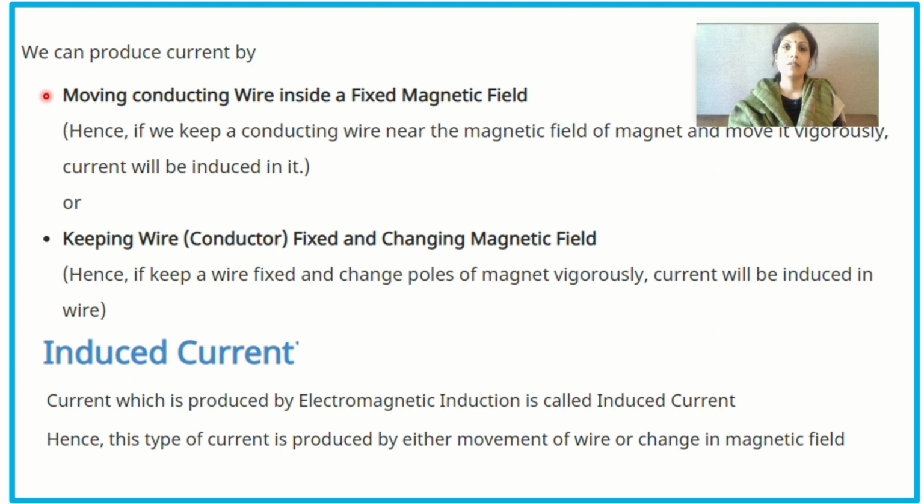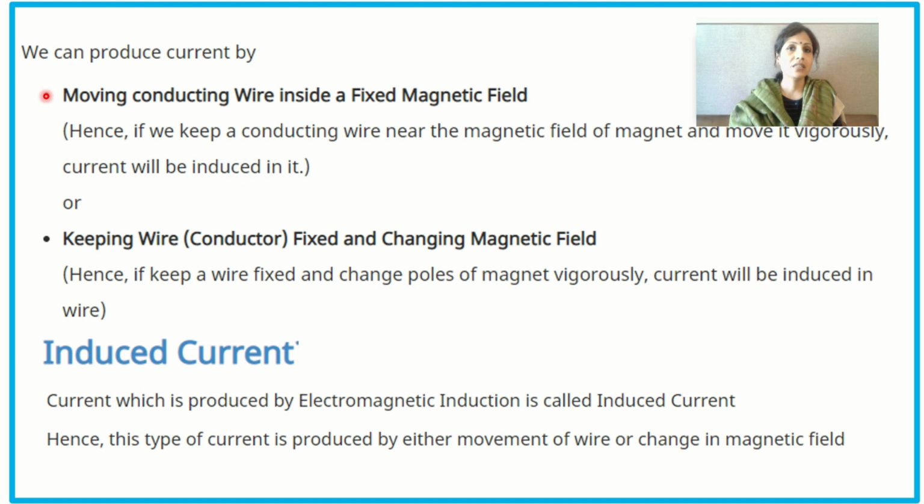We have moved the loop of the conductor towards the magnet, that is one way, and second, keeping the wire at one place and moving the magnet towards the wire. What is the meaning of induced current? The current which is produced by electromagnetic induction is induced current. The type of current which is produced either by the movement of a magnet or by the movement of the conductor by changing the magnetic field is induced current.